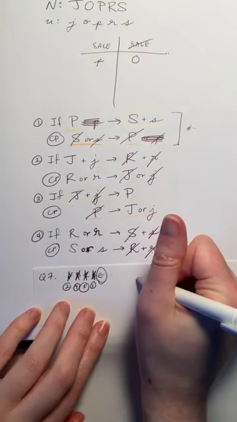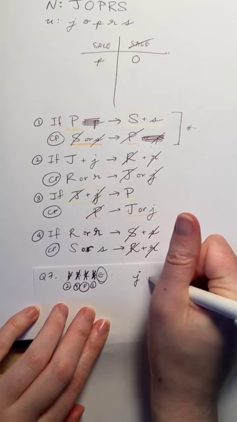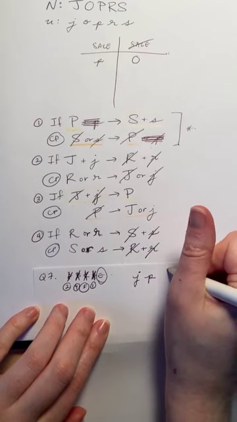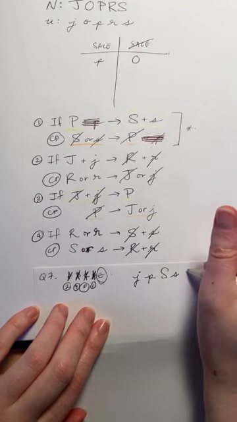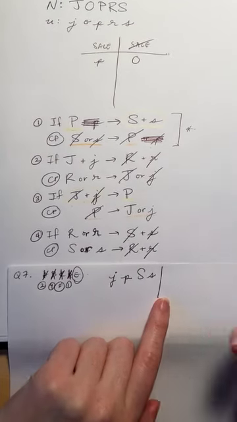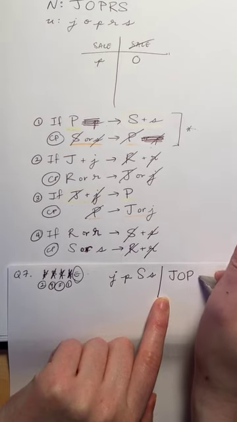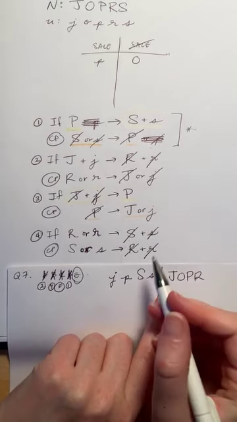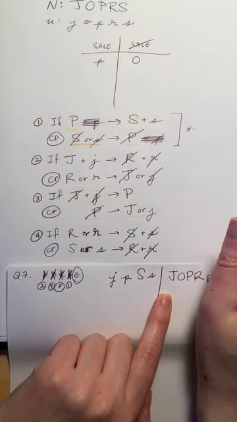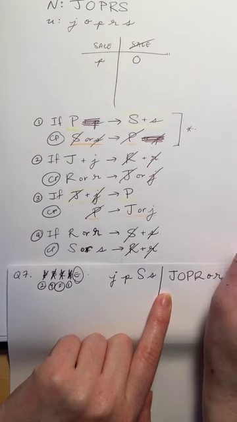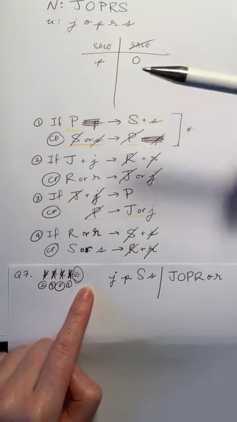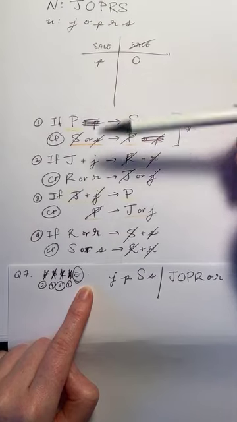And if we write that out, used jazz, that's slow jazz, used pop, new soul, and used soul, and then everything else would be out. So J, O, P, R, and then O and R. So which ones are triggered?